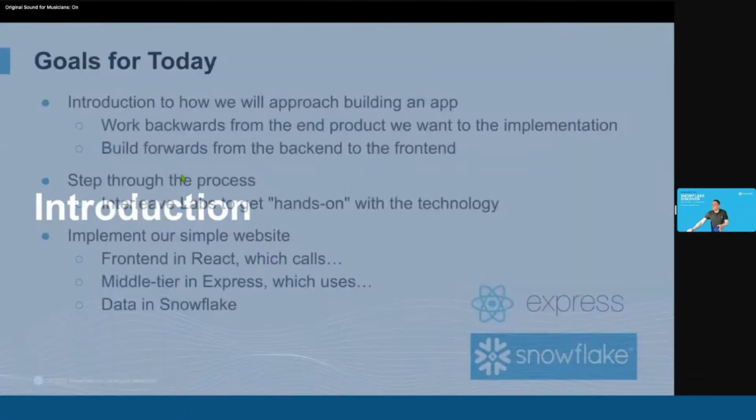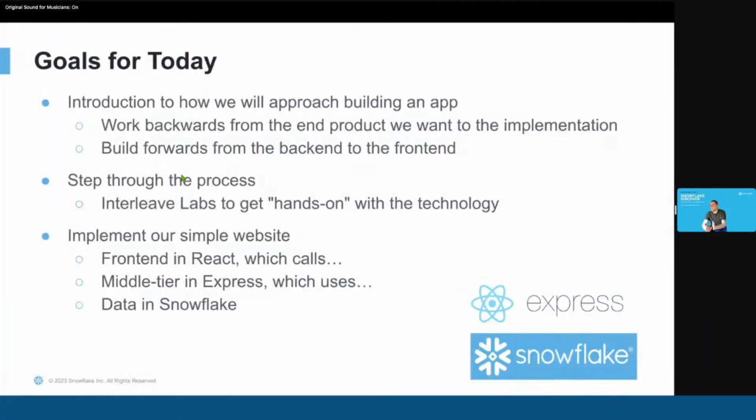Okay. So our goals for today are, like I said, to build that classic three-tier application over the top of Snowflake and Express and Node.js. And the way that we've approached this is that we've worked backwards from the end product.